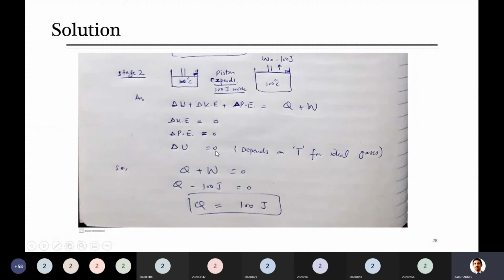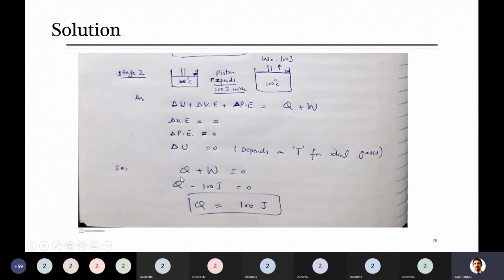So when I wrote delta U is equal to 0, what is left is Q plus W. So guys, look at the equation. When we make all three, delta U, delta K, delta P, zero, from where is that work being done? Because he said during this expansion, although temperature remains the same, still work is done.